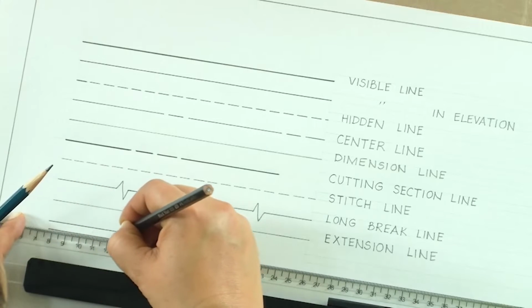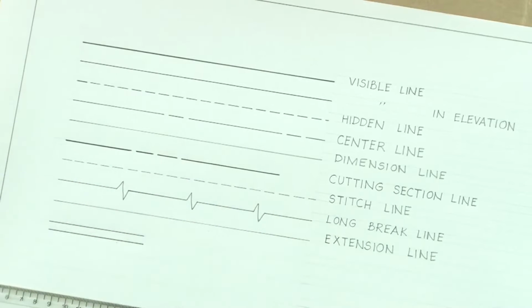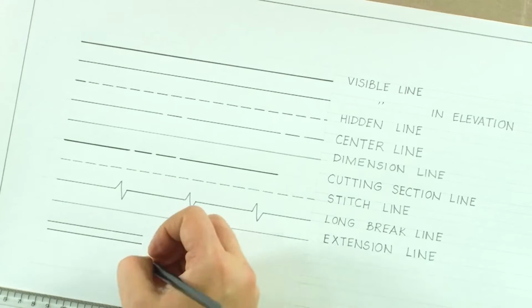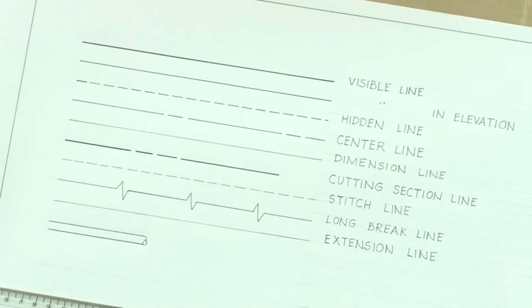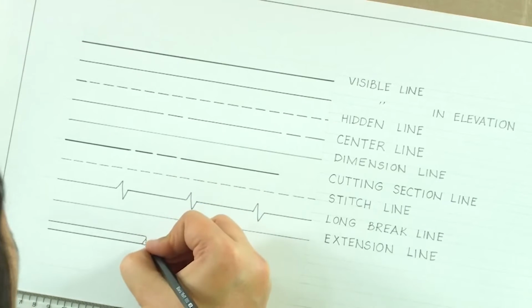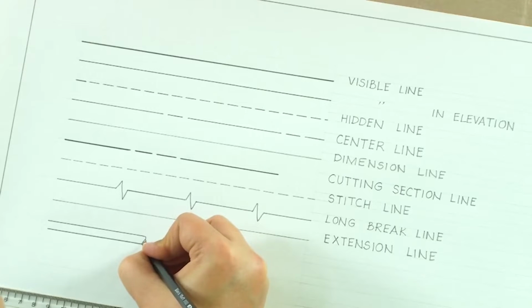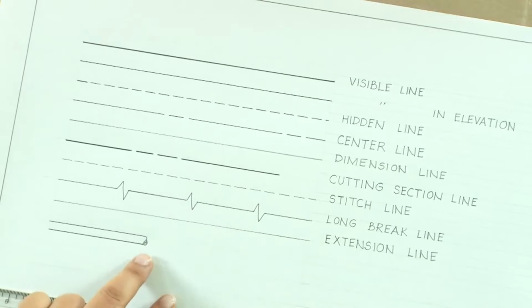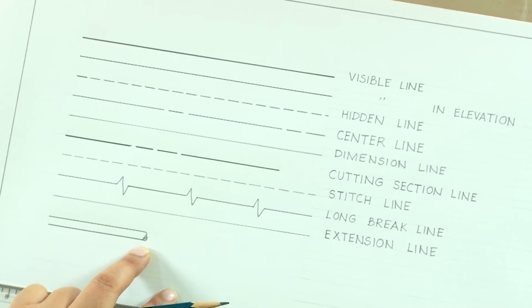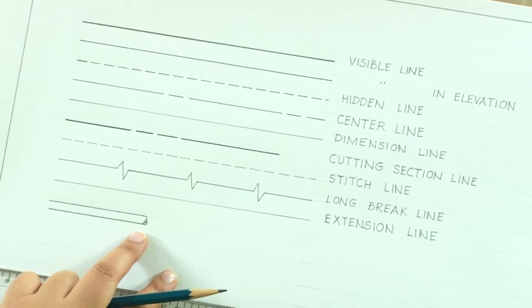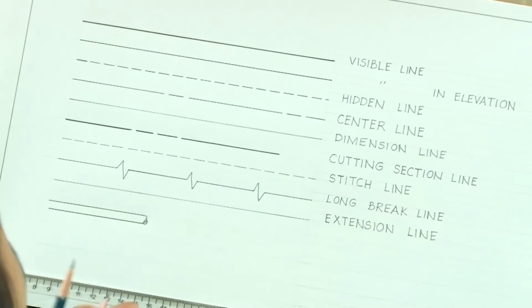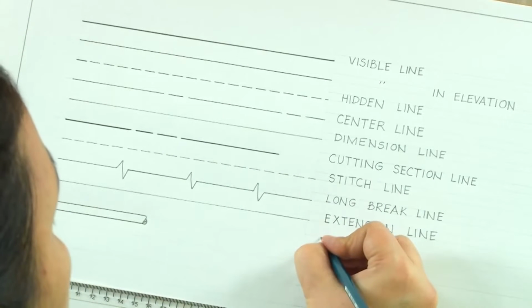So, just imagine that this is a pipe which is going to be cut, and at the cut end, we will draw a curved part like this, and it is then hatched. This is the standard for showing a break line for the curve. So, we can write it as the curve break line.